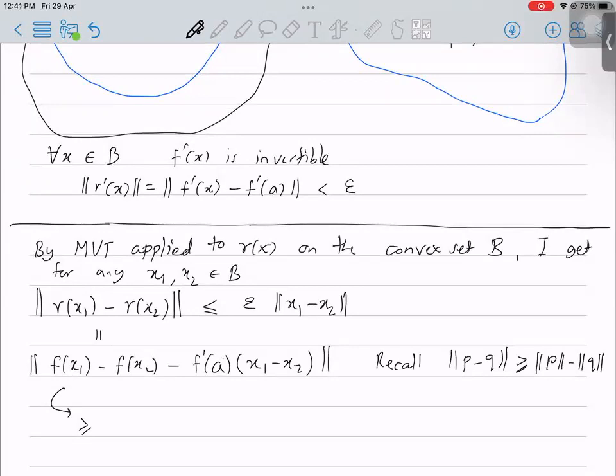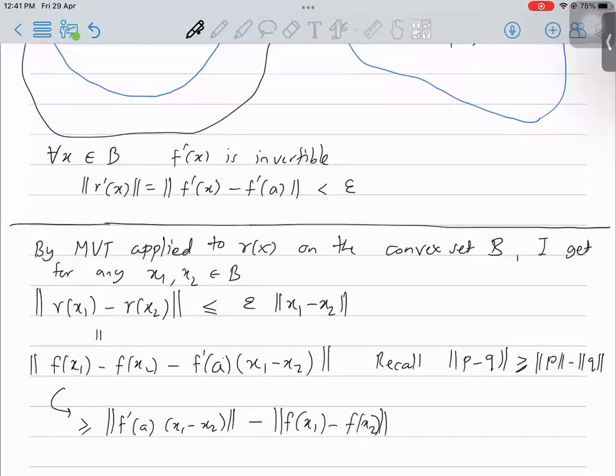Yes, sir. Right? So the way I want to do this is that I want to have this greater than or equal to, this is the way I want it.